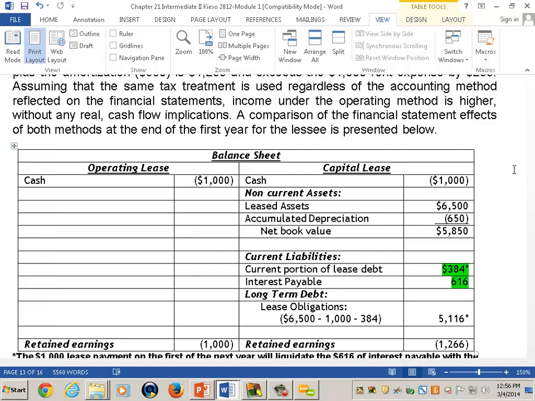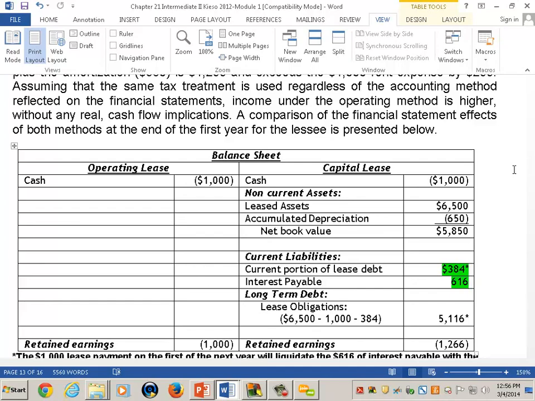Incidentally, the retained earnings effect, let me just bring this up. The interest payable represented for the entire year. It's just for the next year coming up.